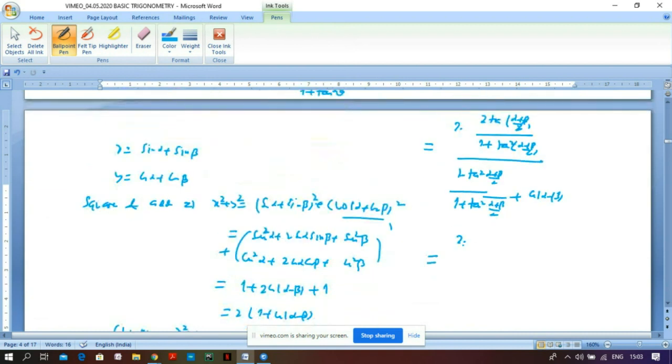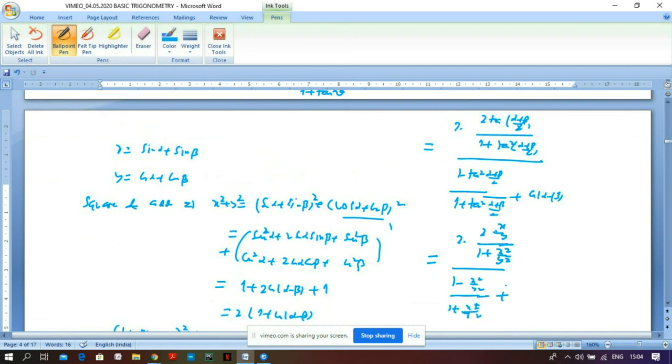So 2 times, now this is 2, this is tan of (alpha plus beta by 2). So that is x over y, so that is x over y. And this is 1 plus x squared by y squared. And then you have got here 1 minus tan square alpha, so 1 minus x squared by y squared upon 1 plus x squared by y squared.